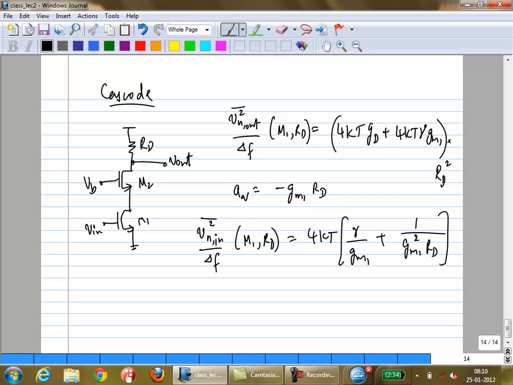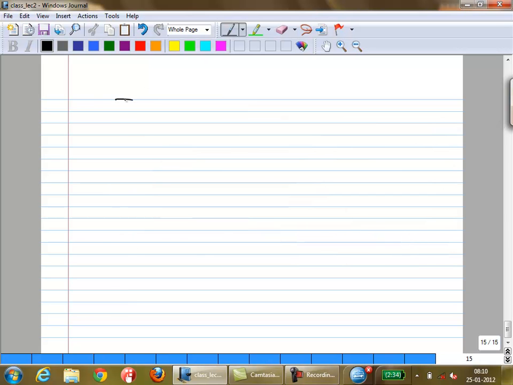Now what about M2? So let's try to see what happens to the noise of M2. So let's draw the circuit with the current source, the noise current source.